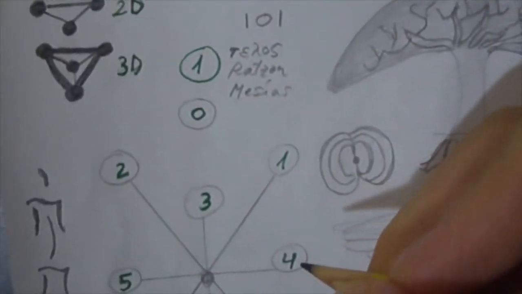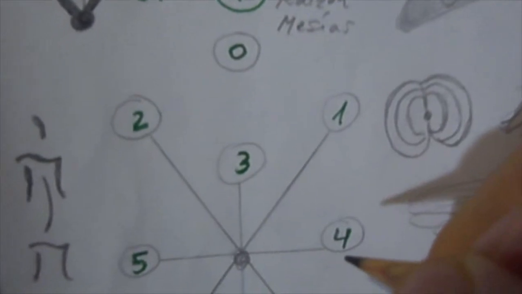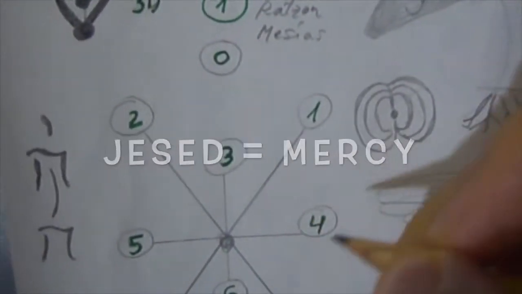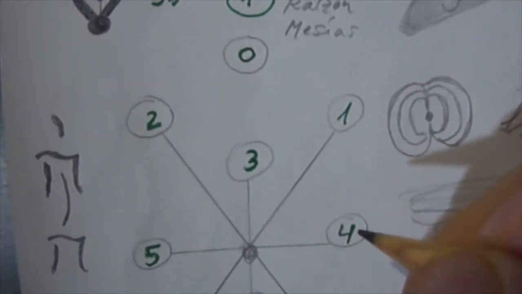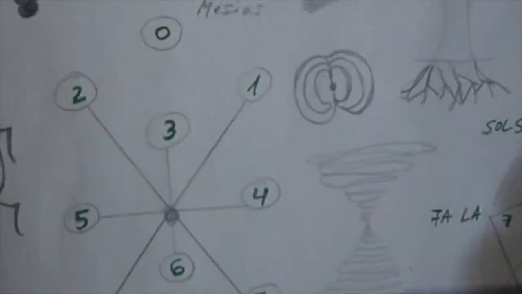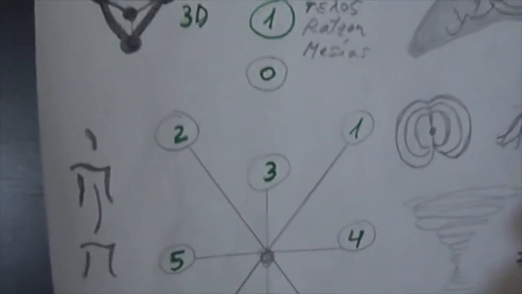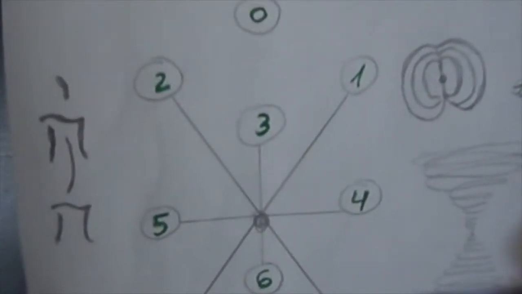Then we would have the expansive side of the universe, Chesed, the mercy, which is curiously very well represented by the 4, because 4 are the cardinal points towards which the energy expands.